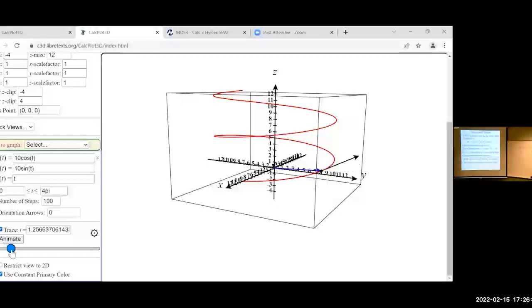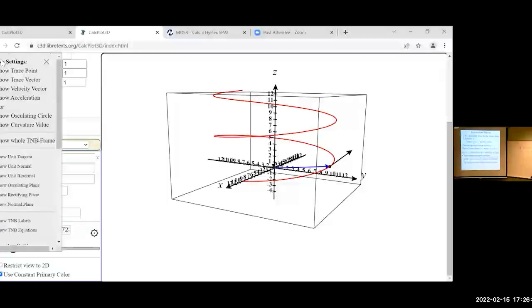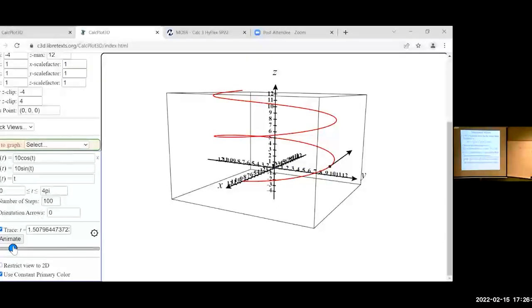And you see that black vector right there? That's our velocity vector. I'm going to take off that blue one just to make sure it's not too confusing. It's the trace vector. It basically goes from the origin to the point, but we don't really need that right now. This is our velocity vector. Notice how it's always tangent to the path of motion.